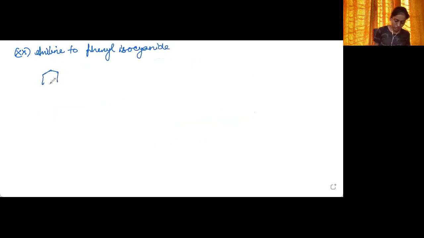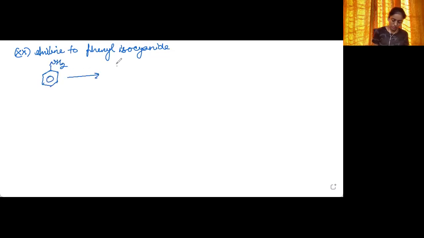Then the last one is aniline to phenyl isocyanide. So this is aniline.